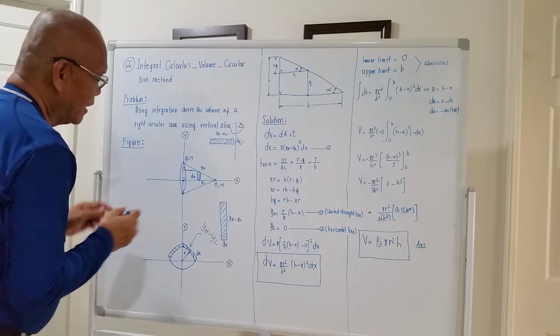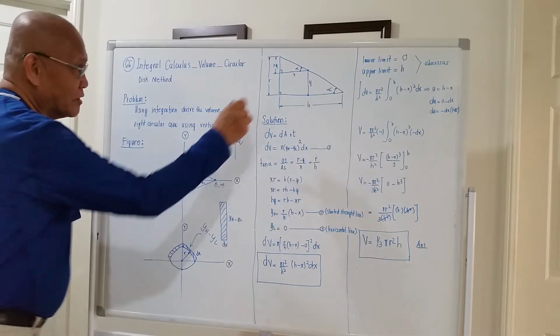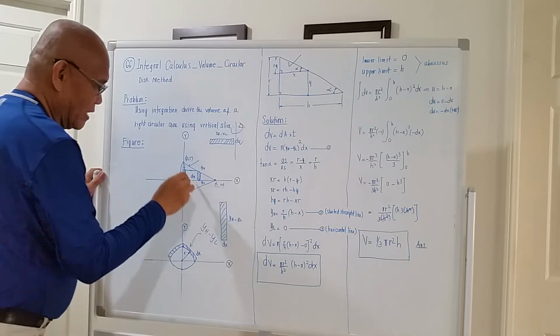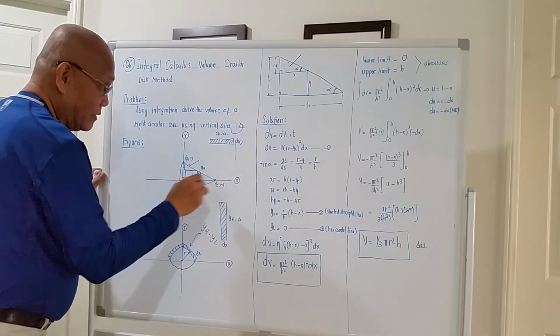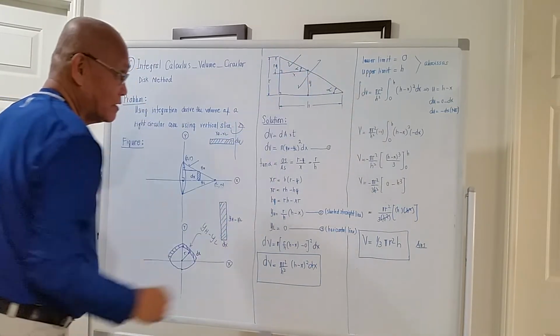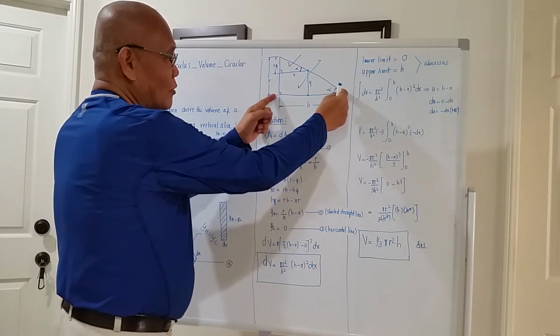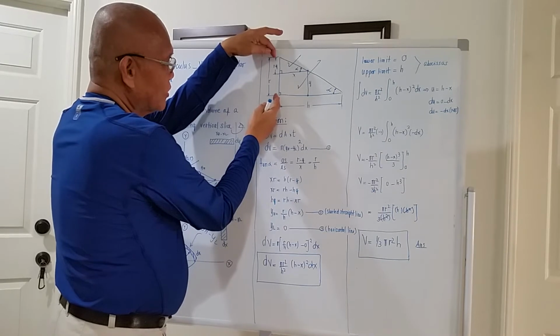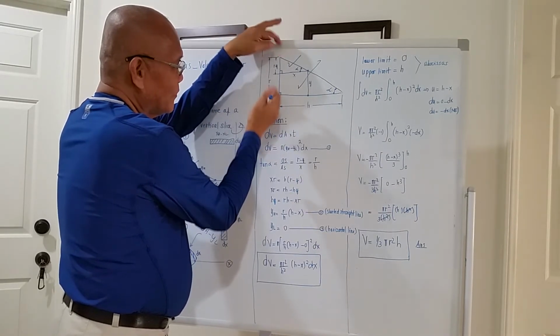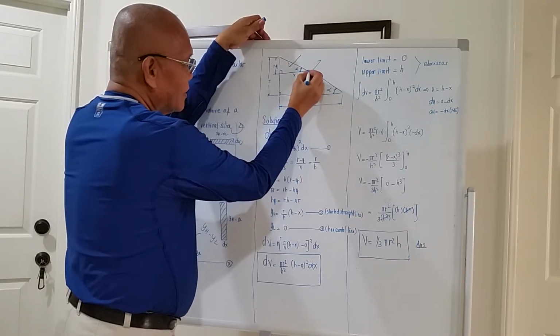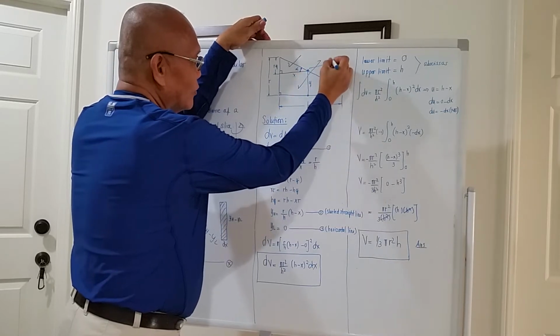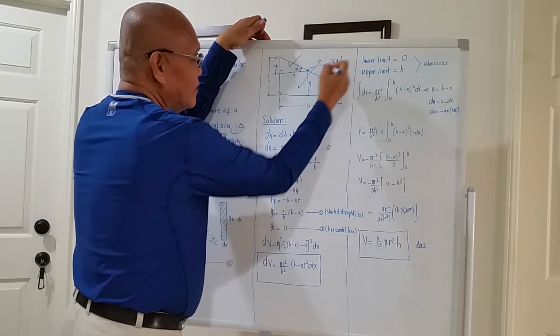Okay, I bring out this one, it is this, and I bring out the bigger one, it is this. So this is actually the altitude of the cone. This is the radius r. This point here is actually with coordinates xy.